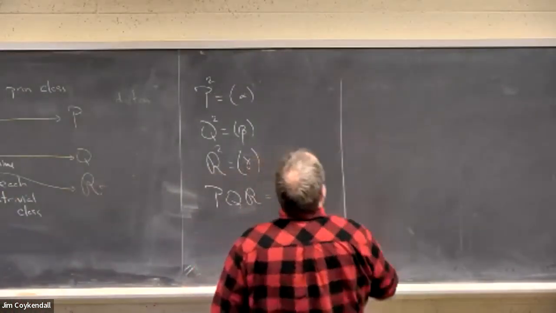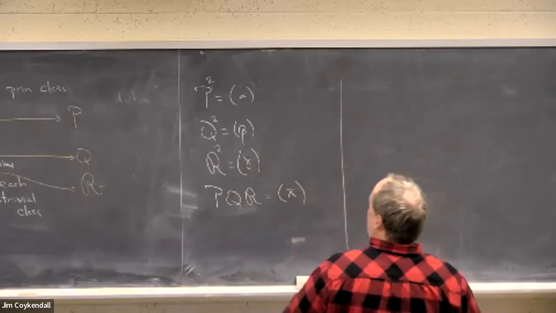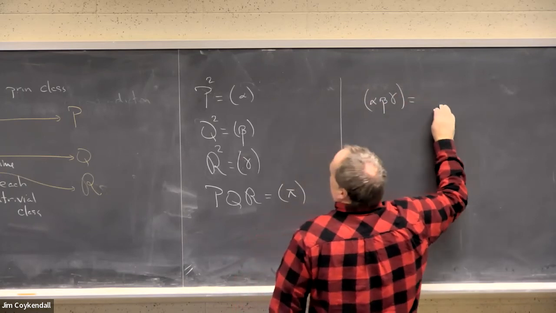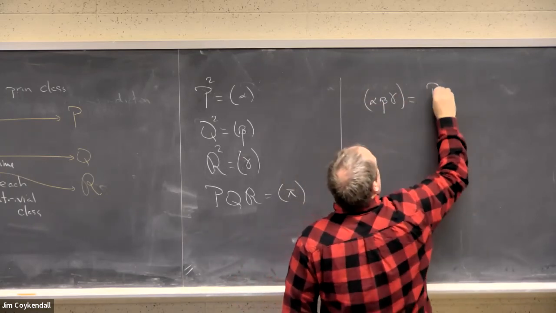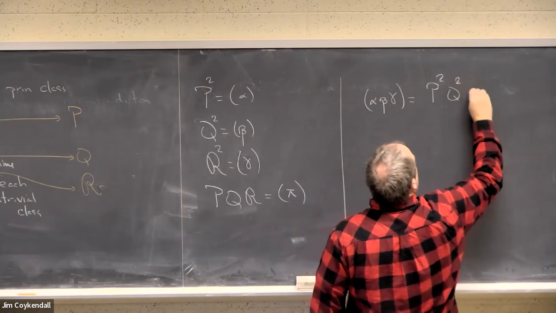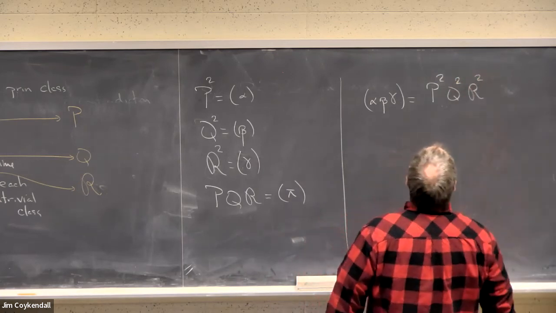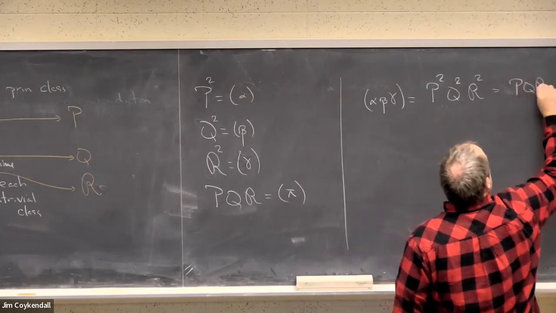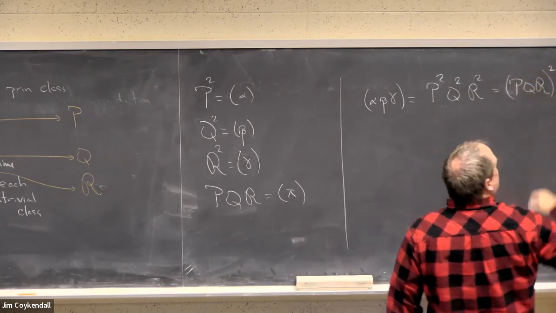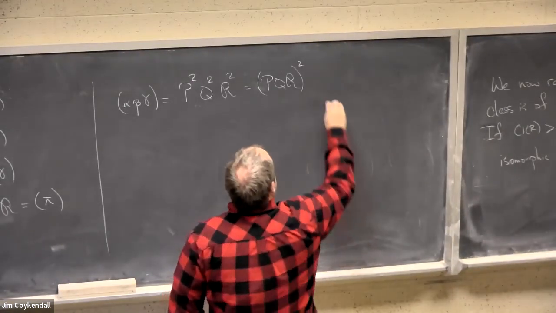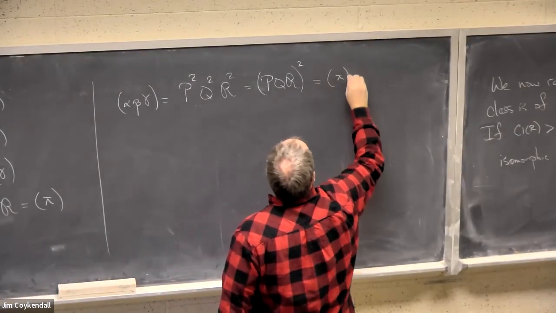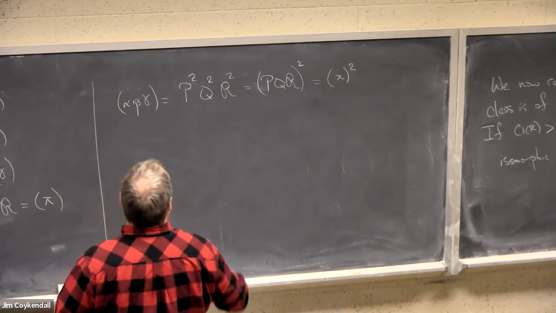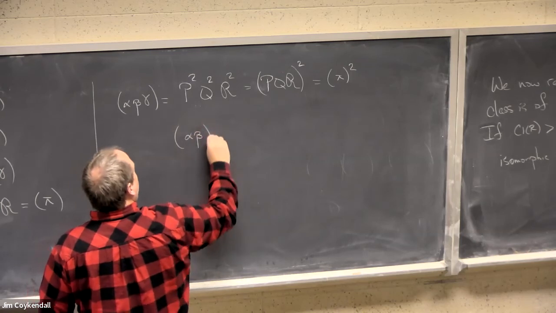So check it out. If you look at alpha, beta, gamma, this is the same thing as P squared, Q squared, R squared, which is the same thing as (PQR) squared, which is pi squared. So I get the identity of principal ideals.